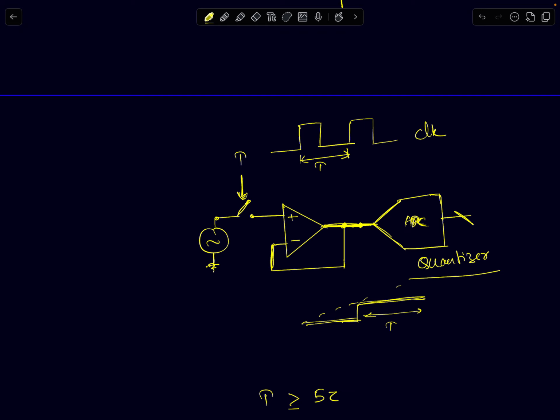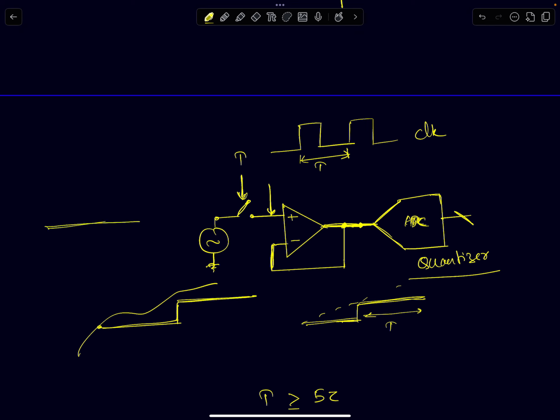So this circuit is going to sample a sinusoidal signal, and the goal is that once you sample it, the sampled signal should remain constant in a single cycle. So the output of the sampler is going to look like a zero order hold waveform, meaning it's going to look like a step input.